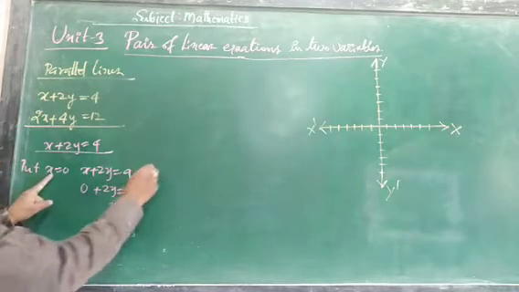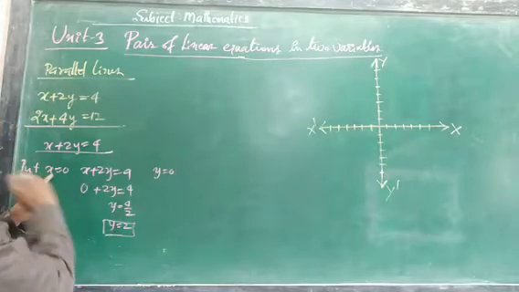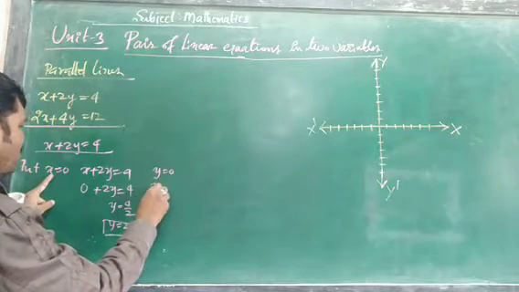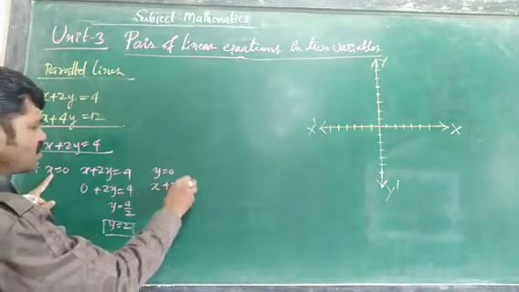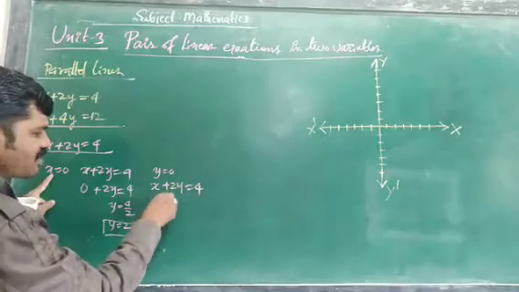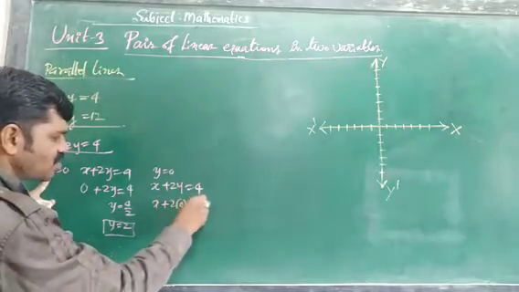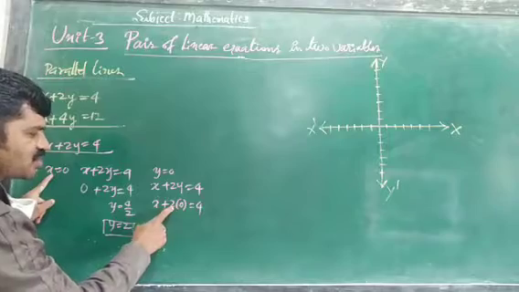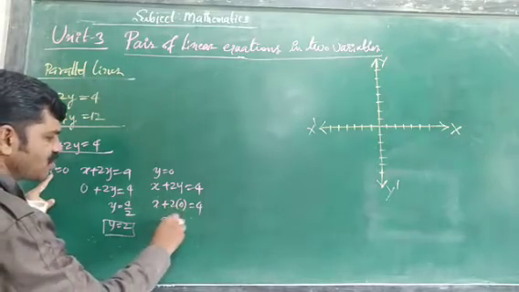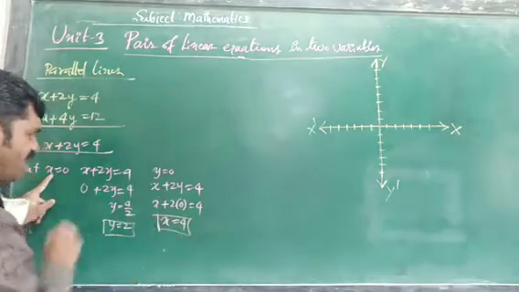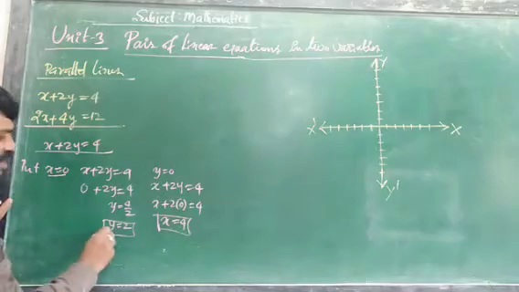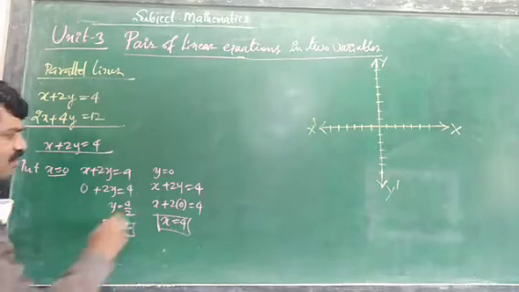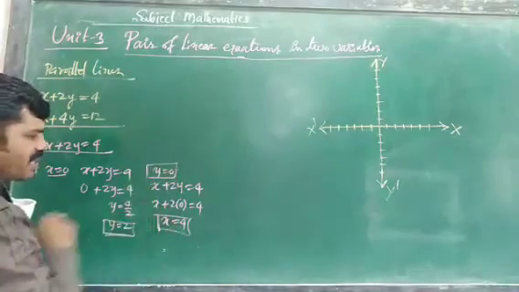Again we are going to put y is equal to 0 in this equation. What's going to happen? x plus 2y is equal to 4, x plus 2 multiplied by 0 is equal to 4. 0 multiplied by 2 is 0 itself. So x is equal to 4 we have obtained. So one x value given, obtained y value. One y value given, obtained x value.